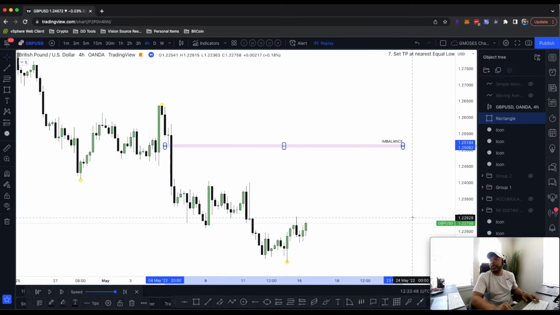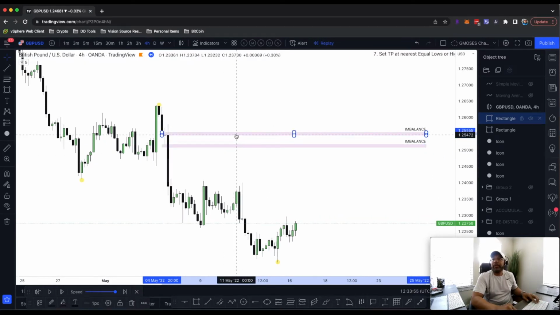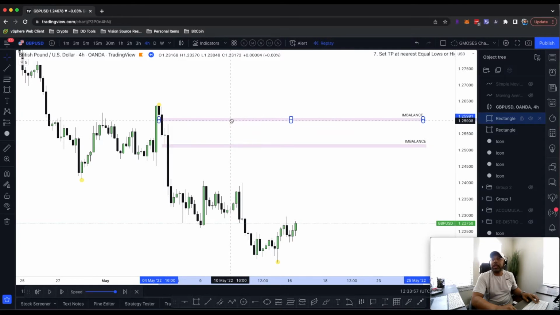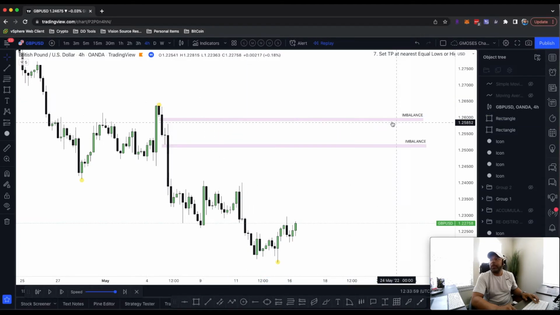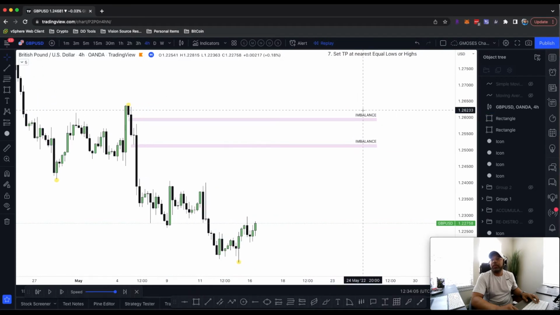Let's go ahead and notate that. So we have a 4-hour imbalance here. And then we also have an imbalance here to the top side as well. Okay. So these are our 2 points of interest that we found when looking at the 4-hour time frame.